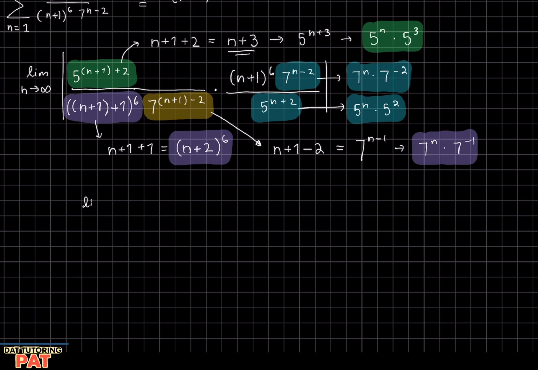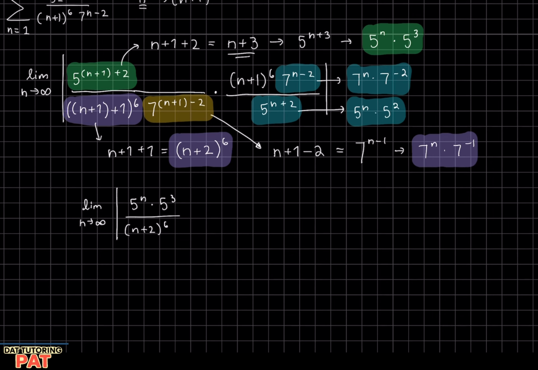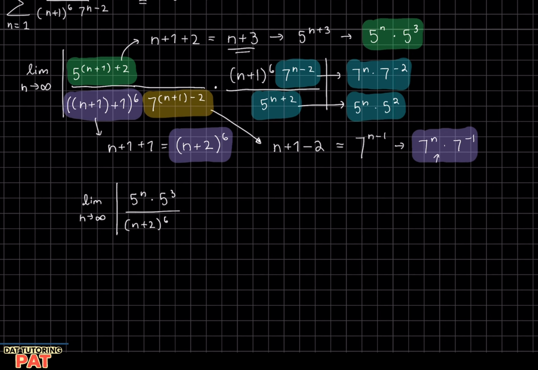Let's just write this down to where we can actually look at it and not want to cry. So we're going to have 5 to the n times 5 to the 3rd all over (n+2) to the 6th. And then, I put this in the wrong color, but this is just 7^n times 7 to the minus 1.